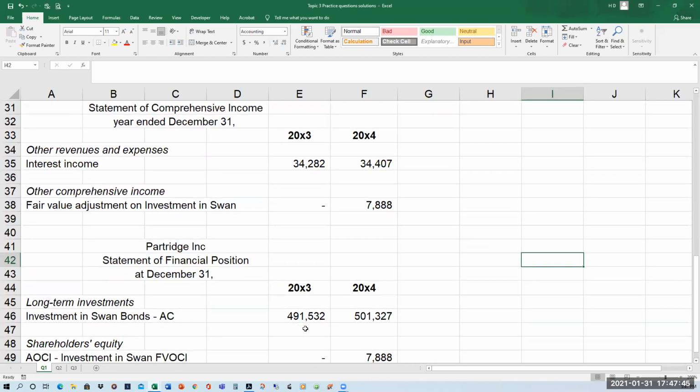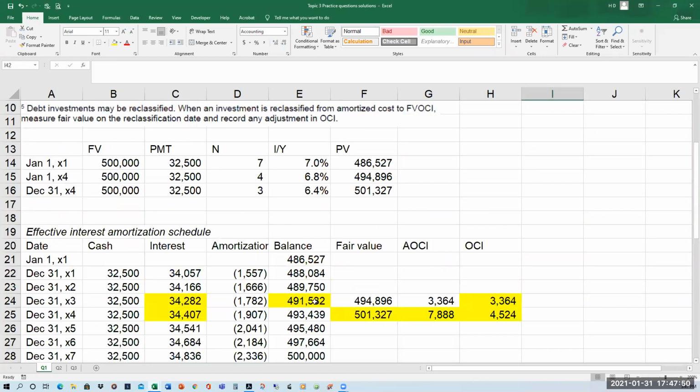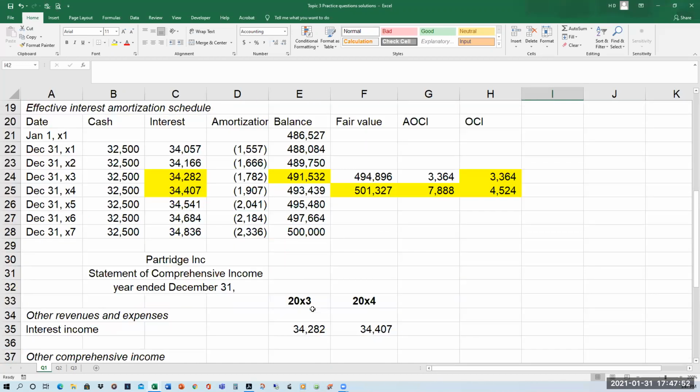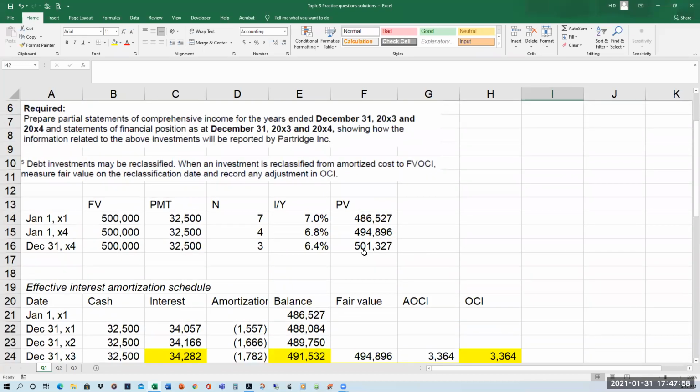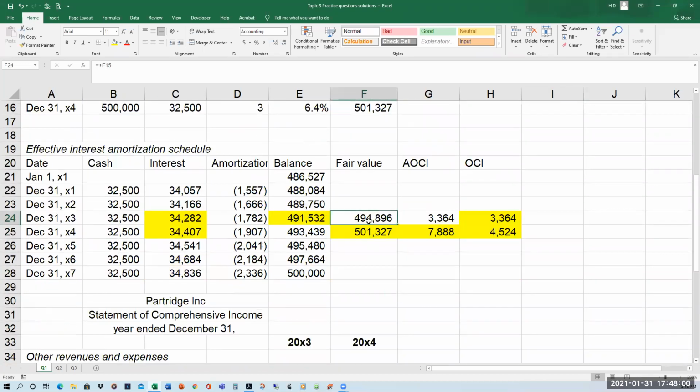And on the balance sheet, we reported the amortized cost of 491,532. In year 4, right at the beginning, the investment got reclassified as fair value OCI. We calculated fair value at that date and figured the difference as being the other comprehensive income.